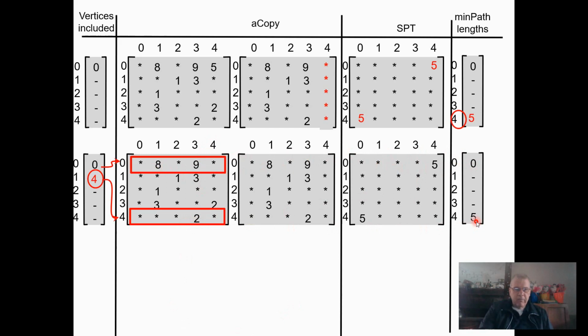And 2 plus 5 is less than 8 and 9. 7 is less than 8 and 9. And therefore we choose the next cost of the next edge of weight 2.